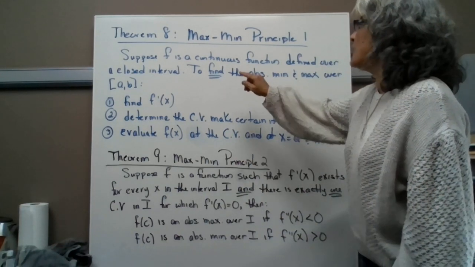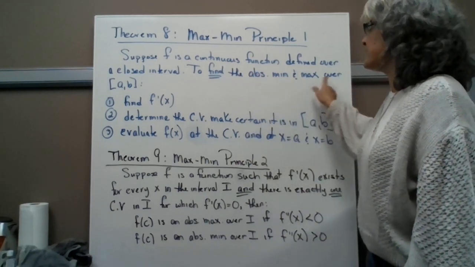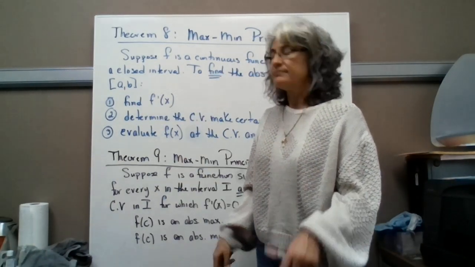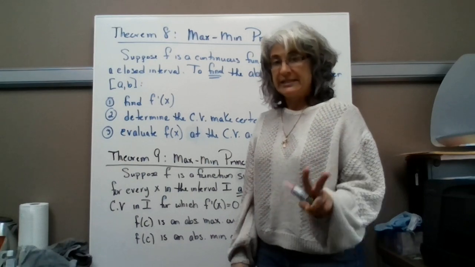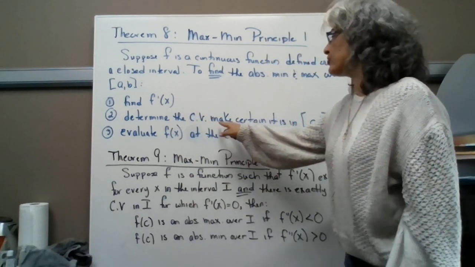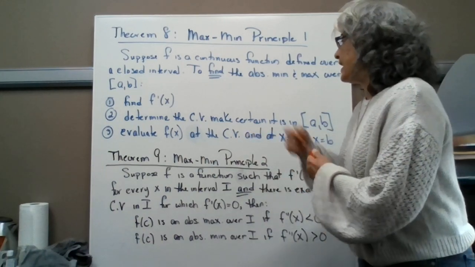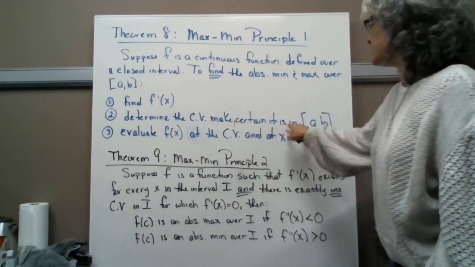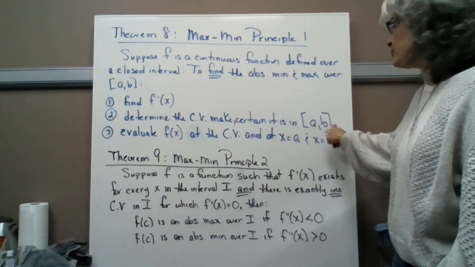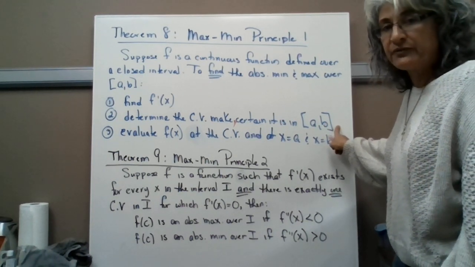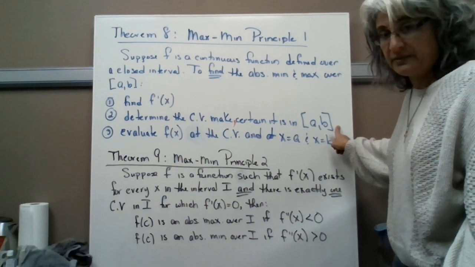Okay. To find the absolute min and maximum over the closed interval, first thing you're going to do, find the first derivative. Second thing you're going to do is determine the critical value, and you need to make certain that that critical value lies within the closed interval they gave you. If it doesn't lie within the closed interval they gave you, then you can't use it.